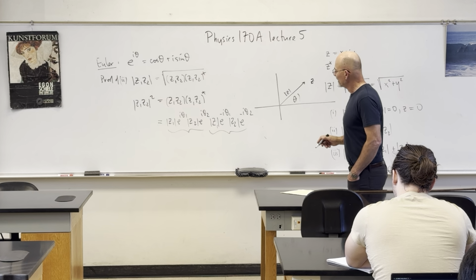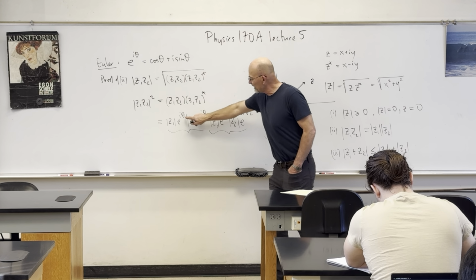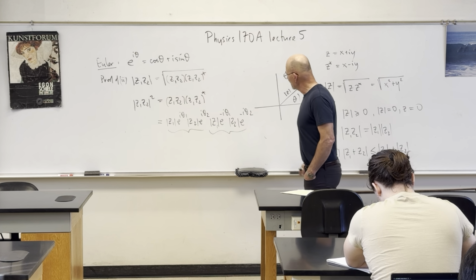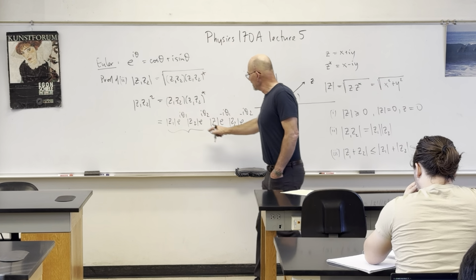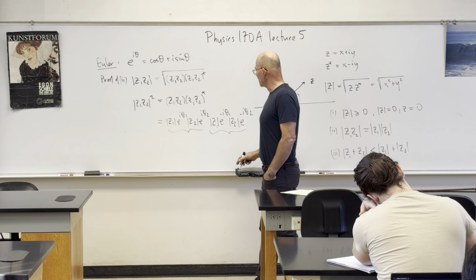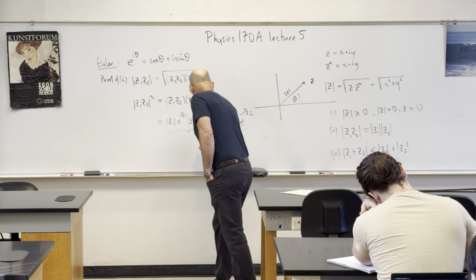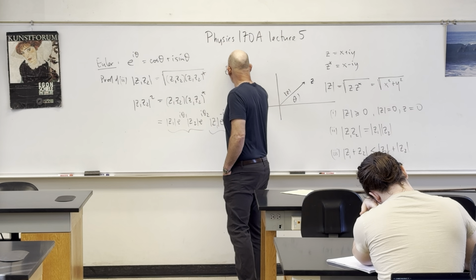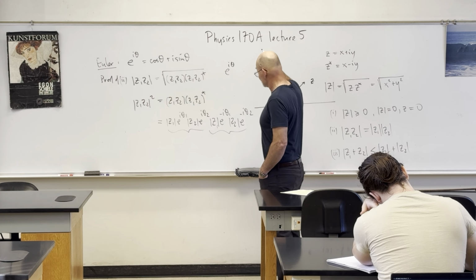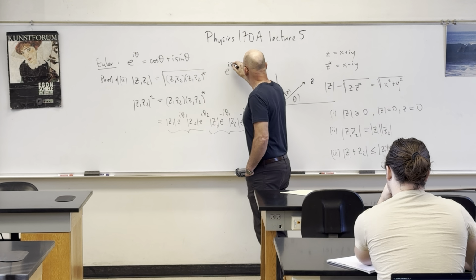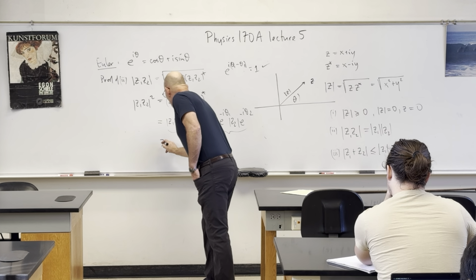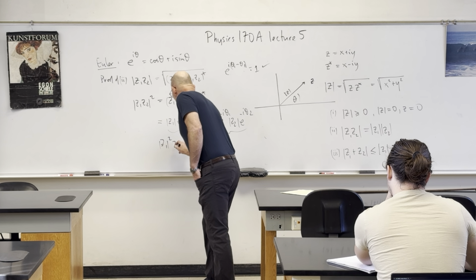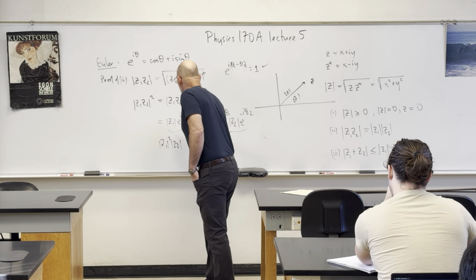That's the starred one. And look at that: theta 1 minus theta 1, 0, gives us a 1. Theta 2 minus theta 2 again gives us a 1. When we combine these, e to the i theta 1 times e to the minus i theta 1 gives e to the 0, which is 1. And so we're just left with the magnitude of z1 squared and the magnitude of z2 squared.